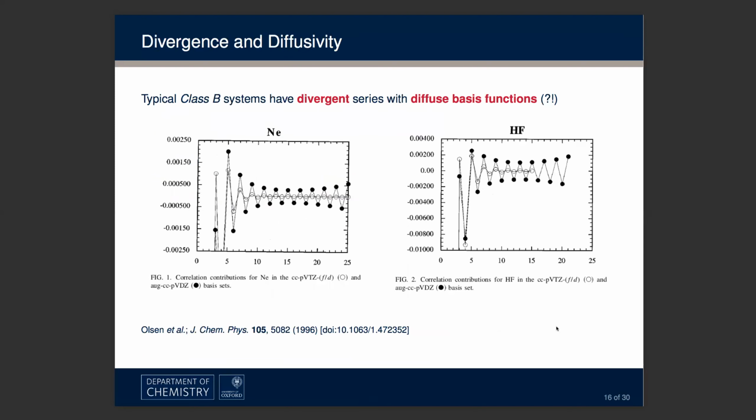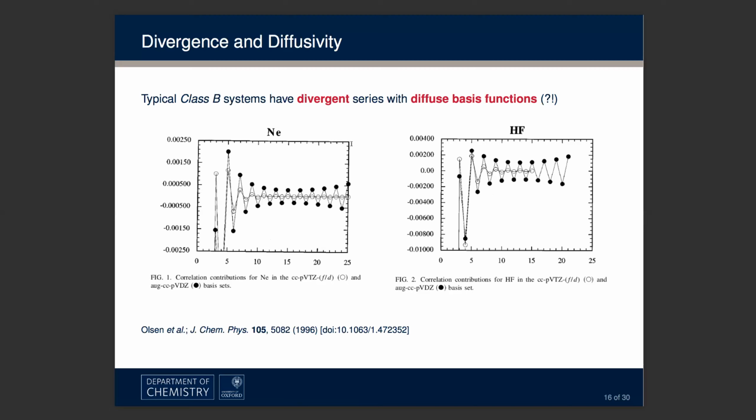But quite remarkably, it was later found that these class B systems have divergent series when you include diffuse basis functions. And this is actually quite catastrophic for a theory because we want to add more basis functions to increase the accuracy of our electronic structure. But if we're adding more basis functions in these cases, we're actually getting a method that doesn't even converge.